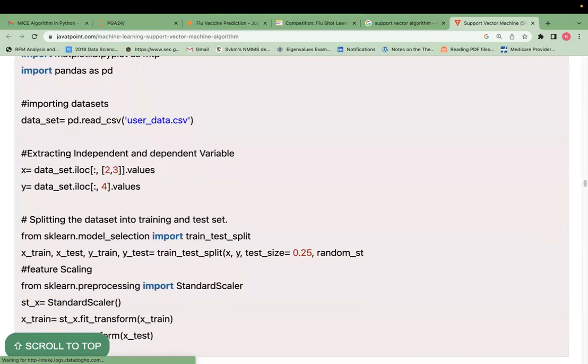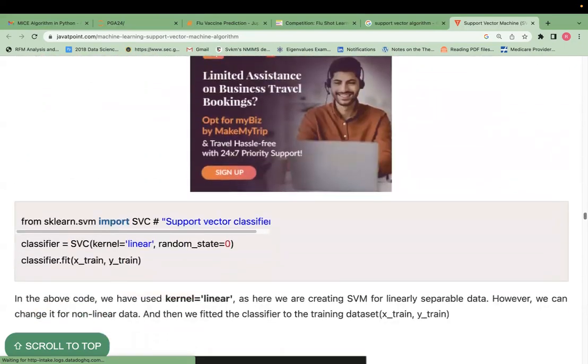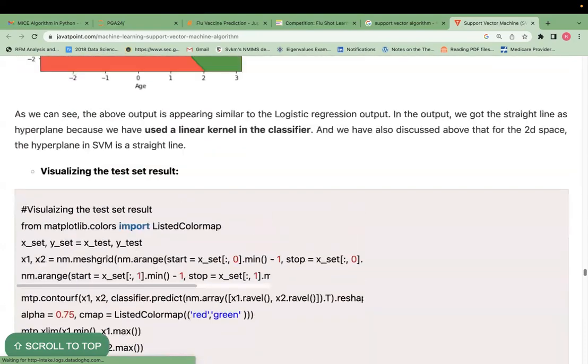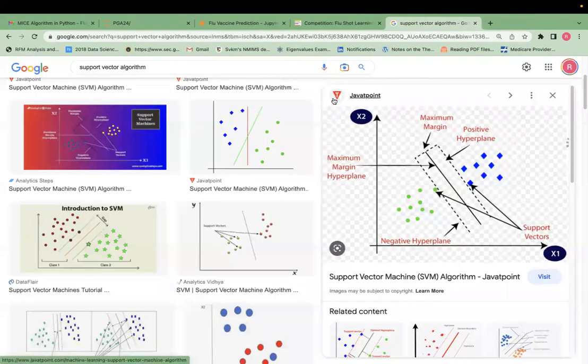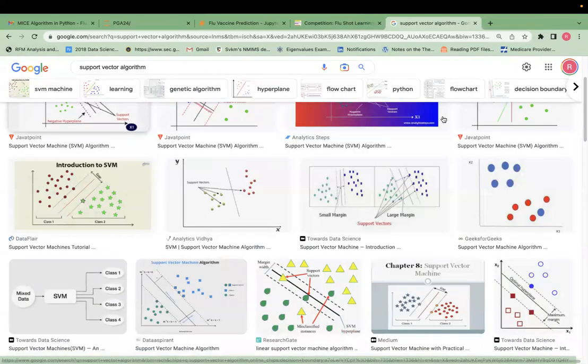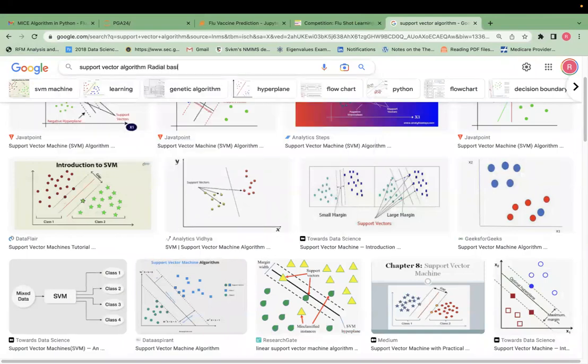Now, for this process of converting data from a linear format to a hyperdimensional format, we have certain functions that we use. These functions help us convert the data from two-dimensional data to multiple-dimensional data. One of the popular functions we use is the radial basis function.